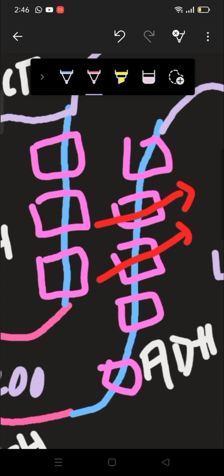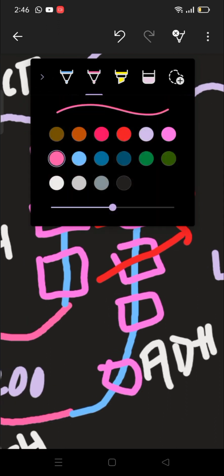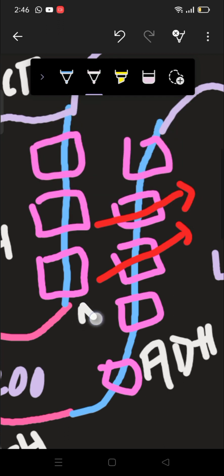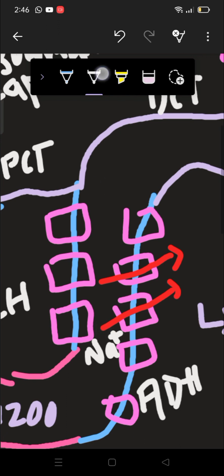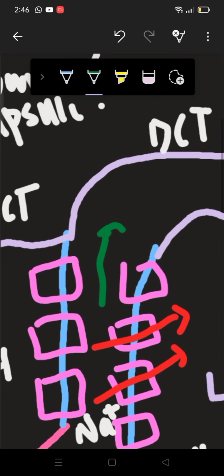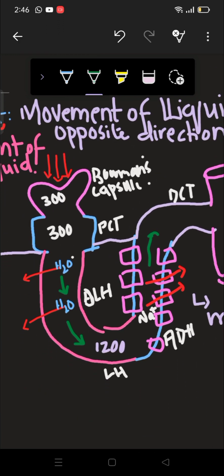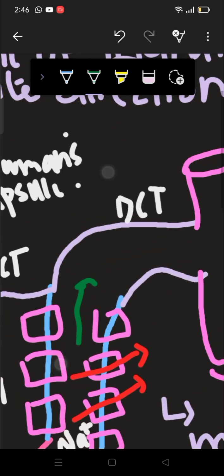So here we will have sodium ions which will go out. And this is the direction of urine. As you can see, what's the direction of the water? I'll tell you that later. Let me complete this first.